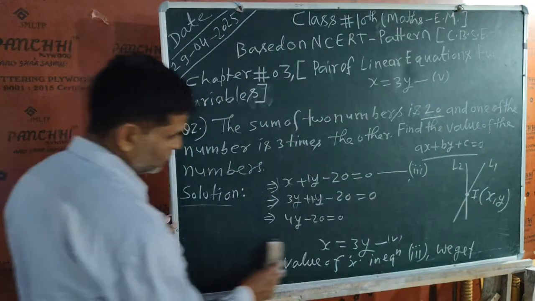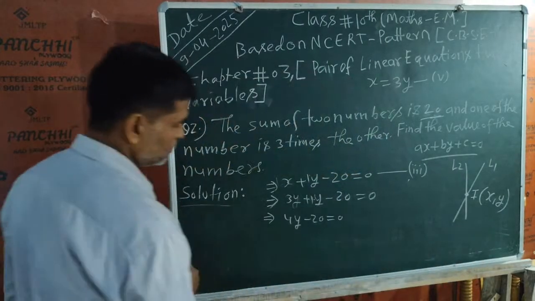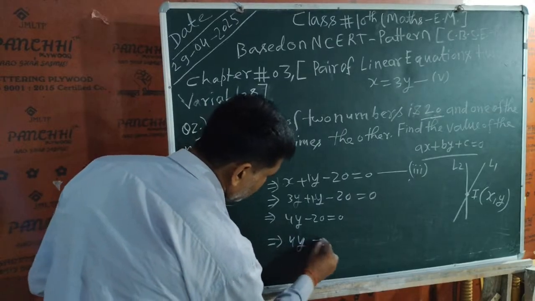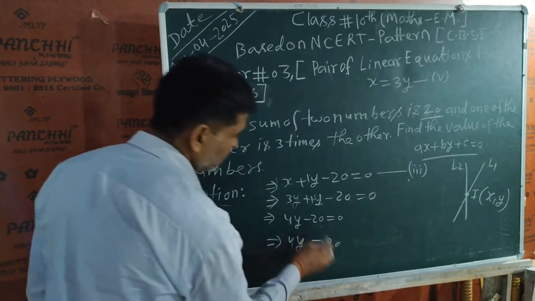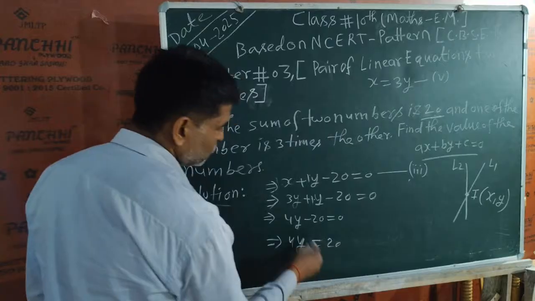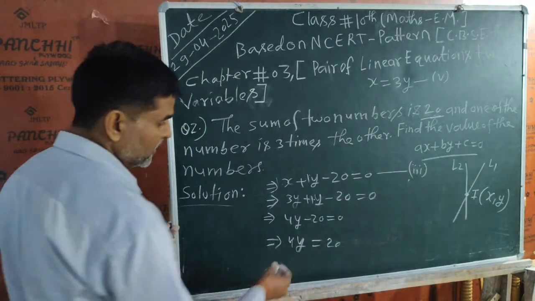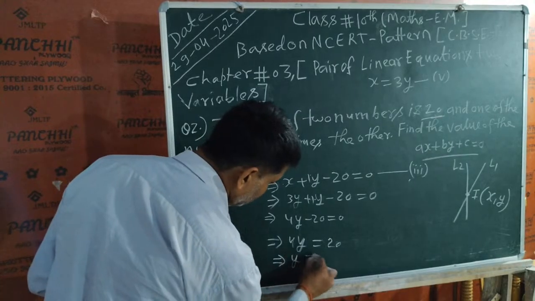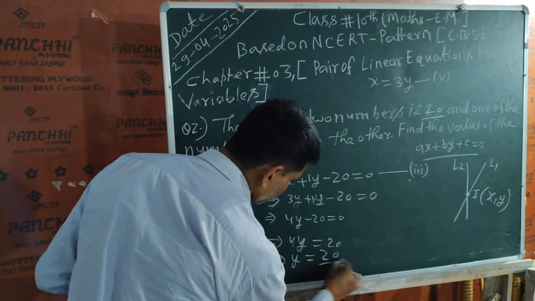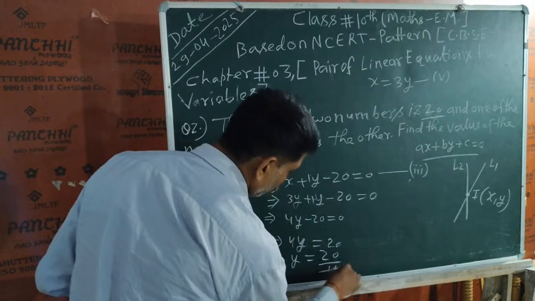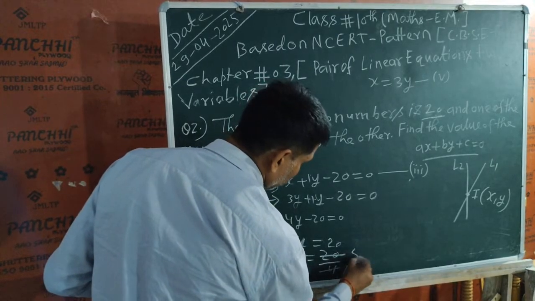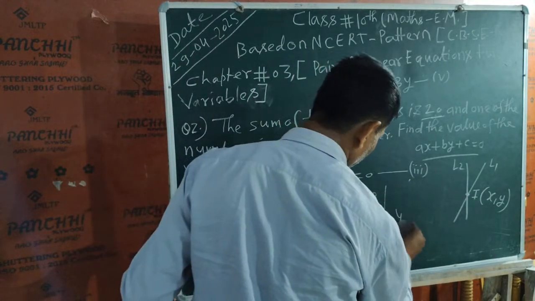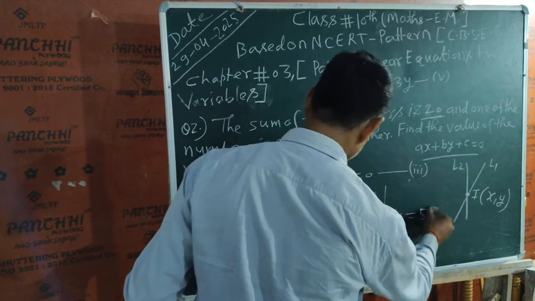So now I am going to erase this for further calculation. So here it implies 4y is equal to 20, because in the left hand side 20 has a minus sign, so it will go to the right hand side. Okay, students. So y is equal to 20 divided by 4. 4 times 5 is 20. So I have got the value of y, which is equal to 5.